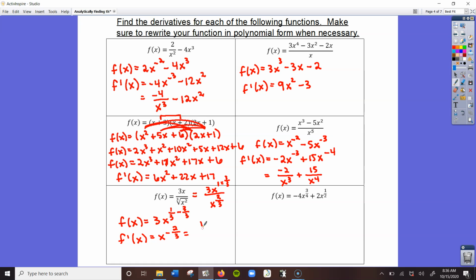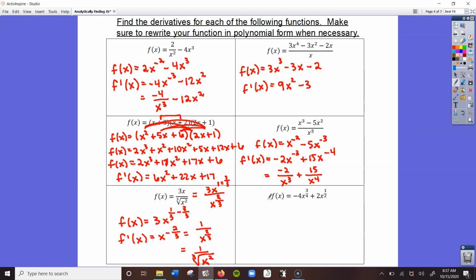This would be 1 over x to the 2 over 3, which if we wanted to, we can also rewrite using the radical, which would be 1 over, the 3 is the denominator, so that is your root. It is a cube root, x, and then the 2 is the numerator, so that would be the power of x.